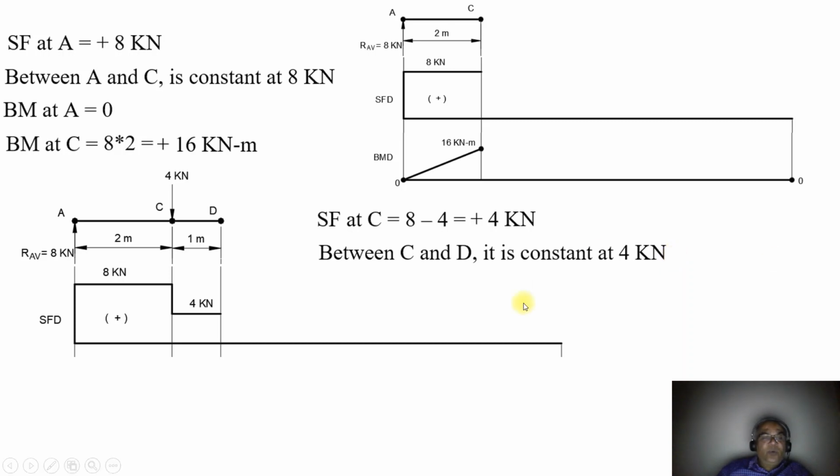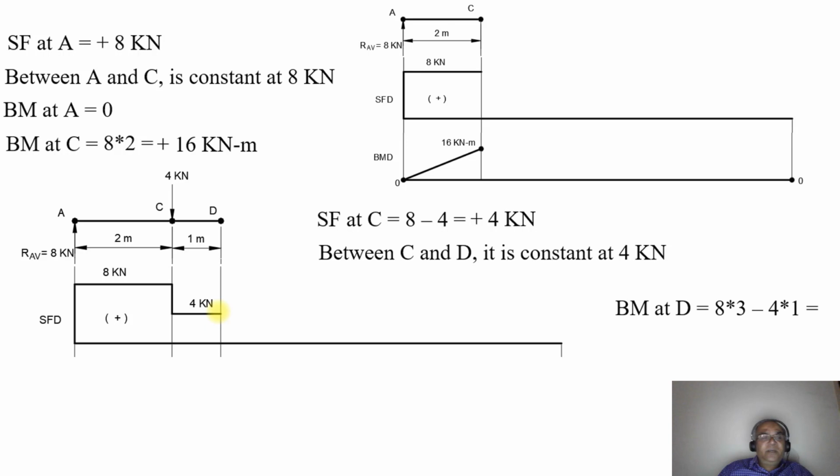This is as shown in this figure, wherein at the point C you have 8 kilonewton. When the point load of 4 kilonewton is considered at the point C, it drops down to 4 kilonewton. And between C and D, as there is no other load acting on the beam, it remains constant at plus 4 kilonewton. Now what will be the bending moment at the point D?